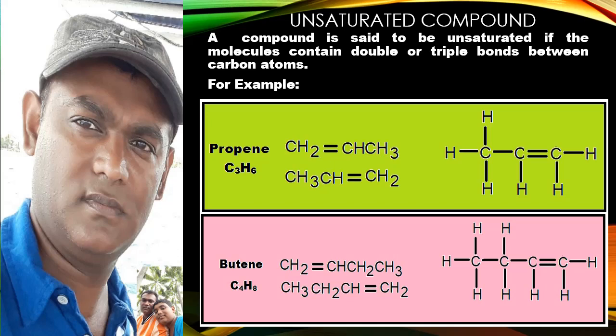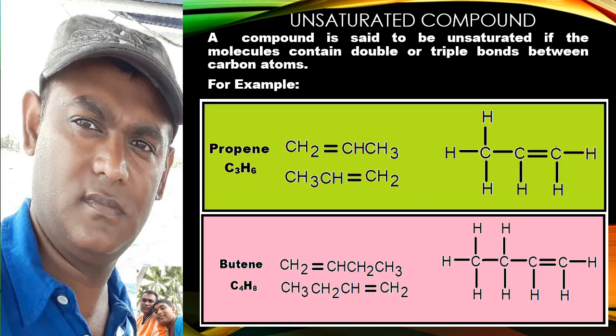Propene contains 3 carbon atoms. The first carbon atom is attached to 3 hydrogen atoms, and the fourth bond is between the first carbon and the second carbon atom. The second carbon atom is attached to the first carbon with a single bond, and it is as well attached to the third carbon by a double bond. And the fourth bond is between the carbon and the hydrogen atom.